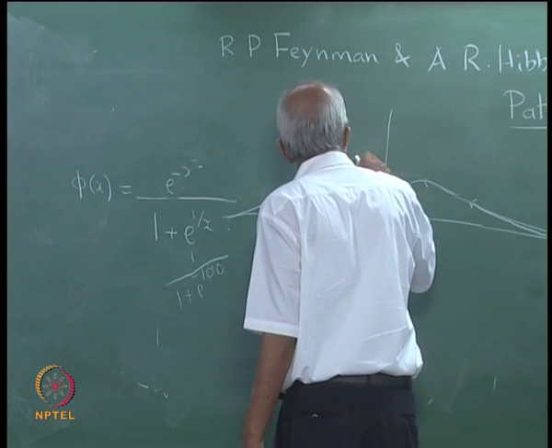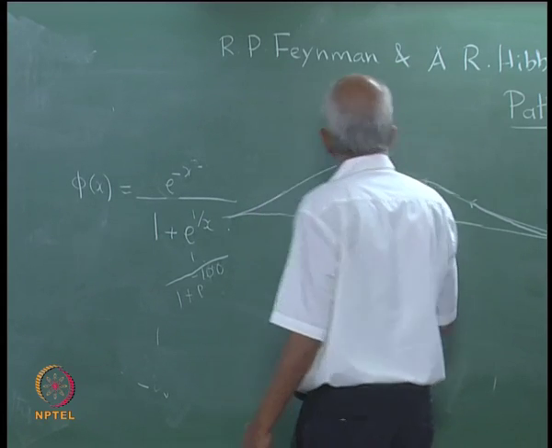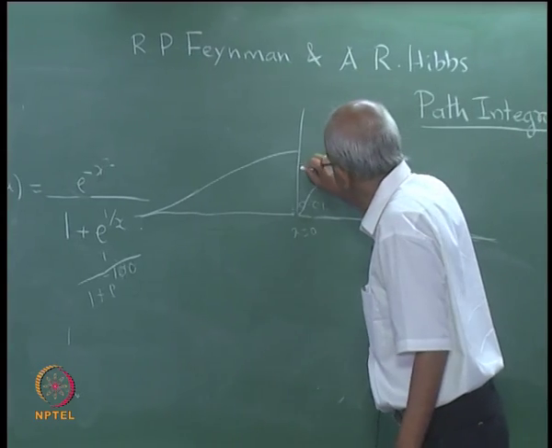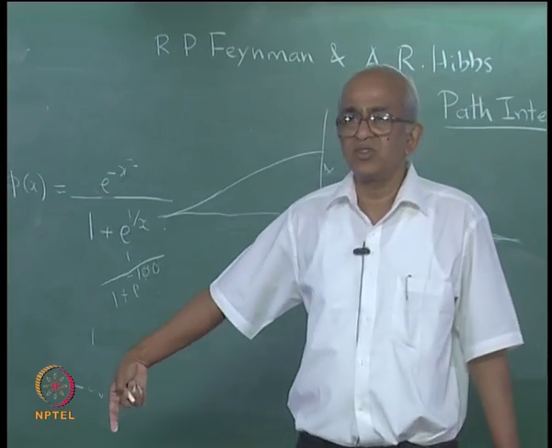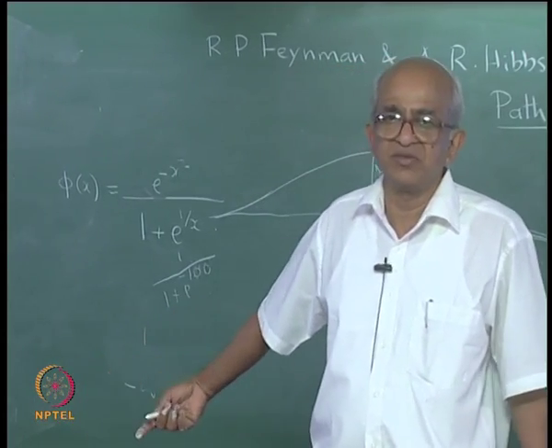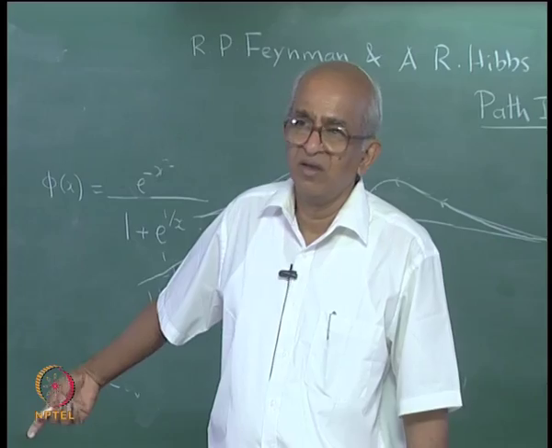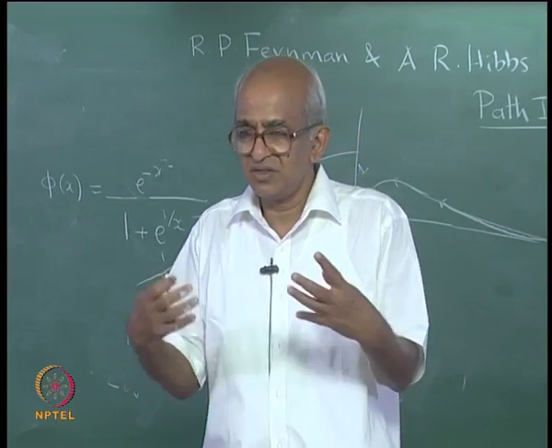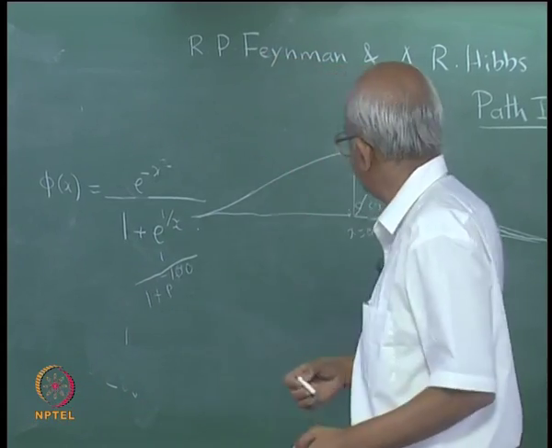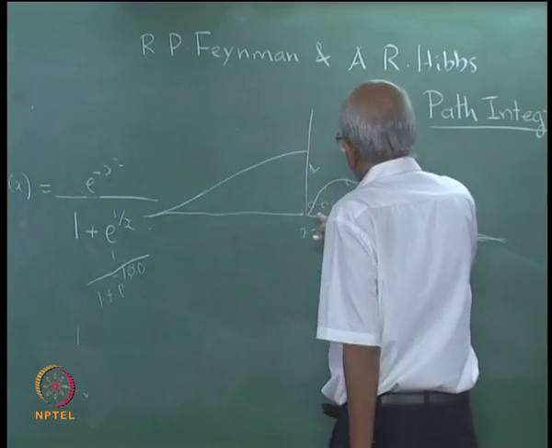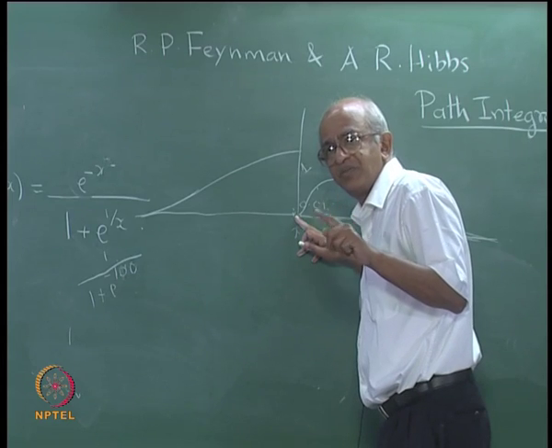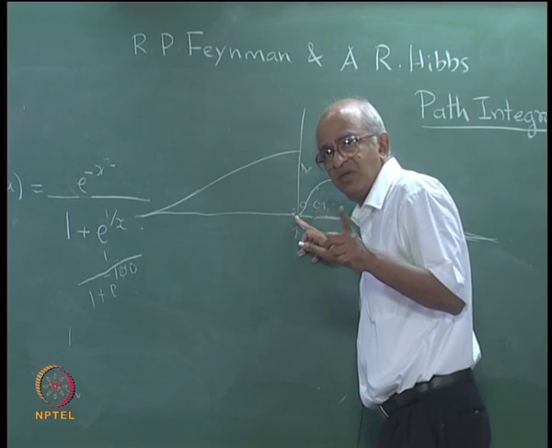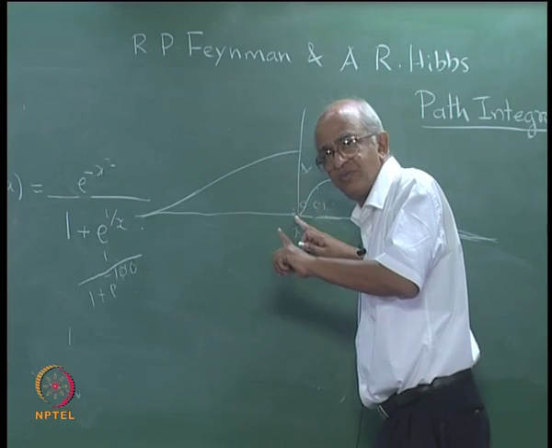The function actually behaves like this. It approaches unity if you are approaching from the negative side, while it approaches 0 if you are approaching from the positive side. Now, this is a very interesting function, because when you cross the point x equal to 0, the value of the function jumps from 1 to 0.